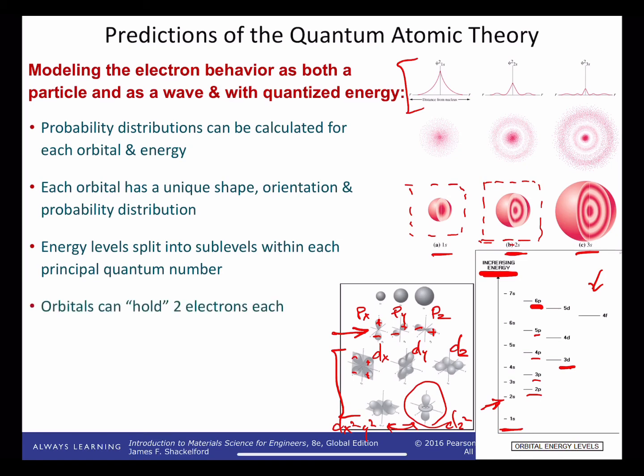Okay, so some takeaways here are that each of these three-dimensional waves or orbitals for the electron modeled as a wave can hold or accommodate two electrons.